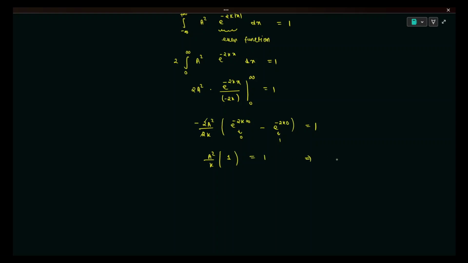So that means this a squared, so basically this normalization constant, a should be equal to under root of k.